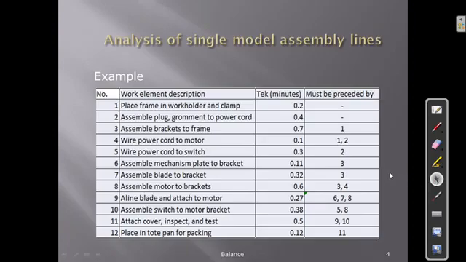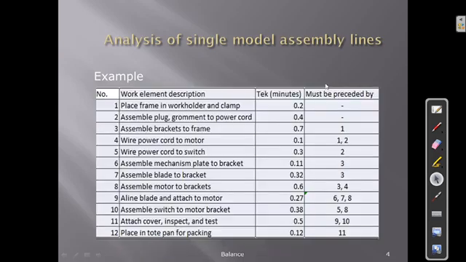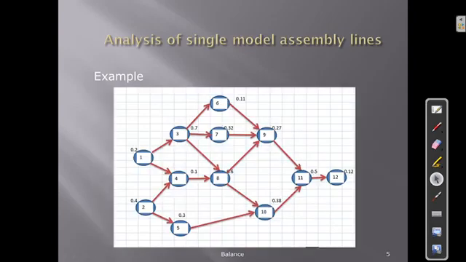So in the line balancing problem, this is the first step: to draw the predecessor diagram. How do we draw this diagram? With the help of the given table.